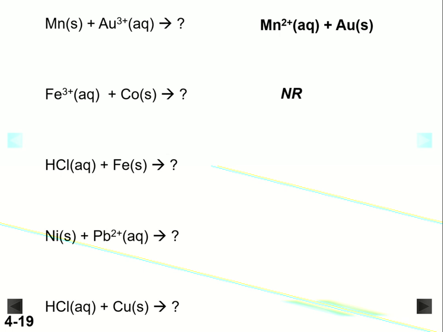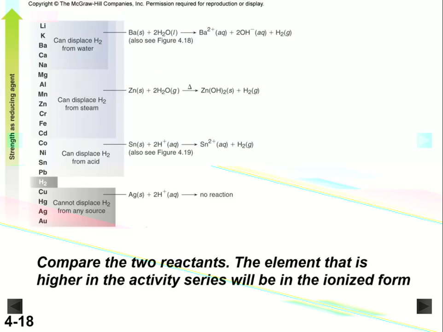The third reaction we have is HCl plus iron. We don't see a metal on the left-hand side, but we see an acid, and that means we have a proton, and hydrogen is part of the activity series. Let's go back up and look. Note that hydrogen is almost at the bottom. That's that blue box. It says H2, and that's hydrogen in the reduced form. In the oxidized form, hydrogen is H+, acid.